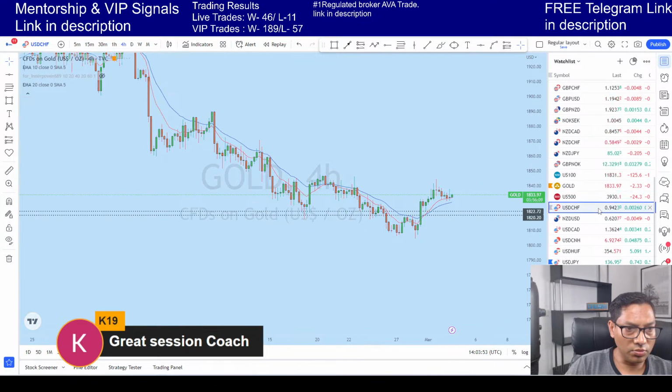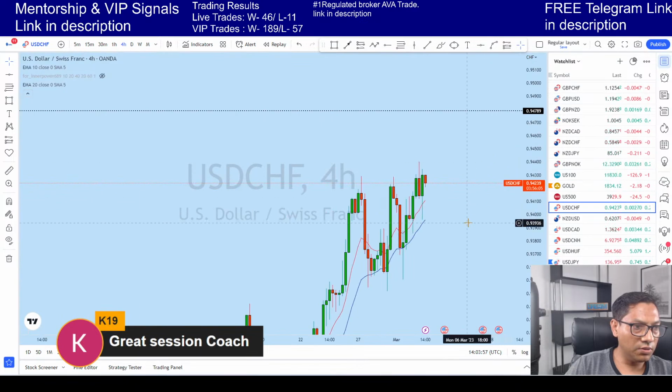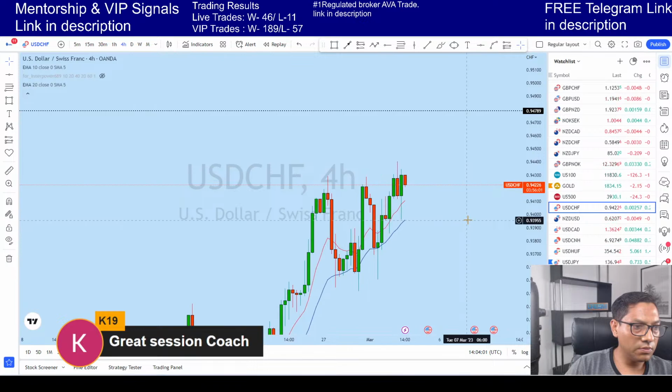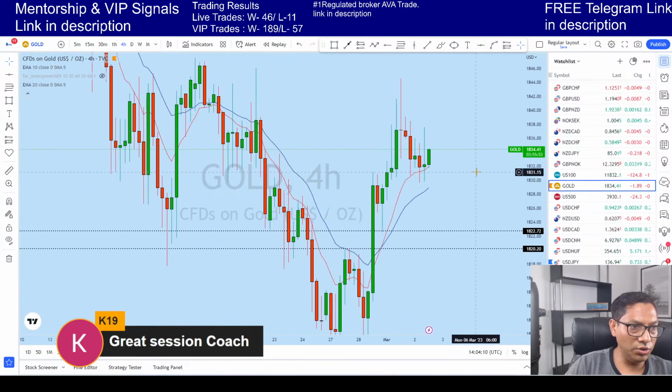Okay, so dollar Swiss franc, to this bullish candle. Let's look at gold. Okay, after creating a doji, we see some movement coming from the top.